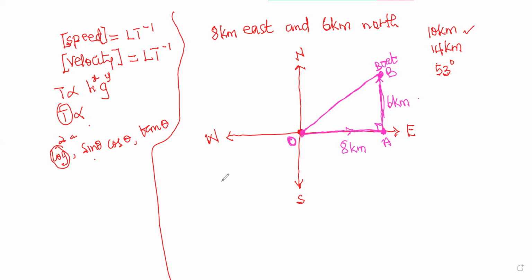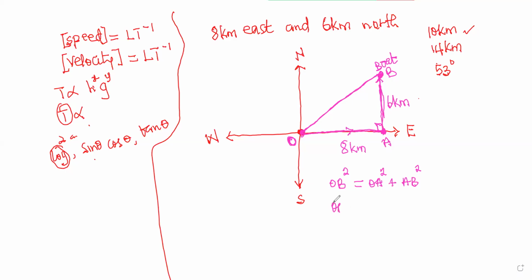So the straight line distance will be OB squared by Pythagoras theorem. OB squared must be equal to OA squared plus AB squared. OB is what we are looking for.